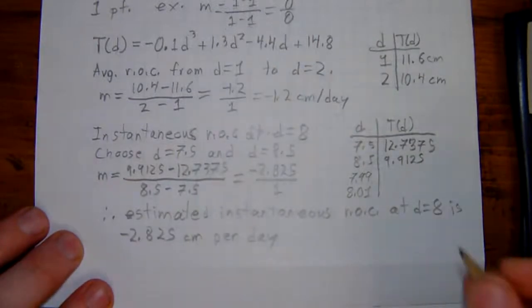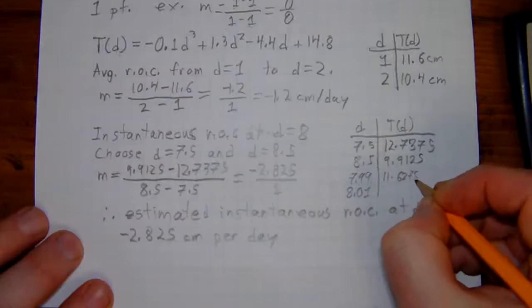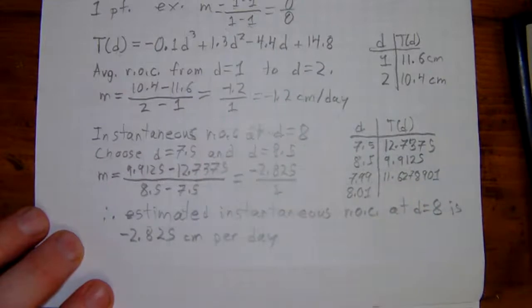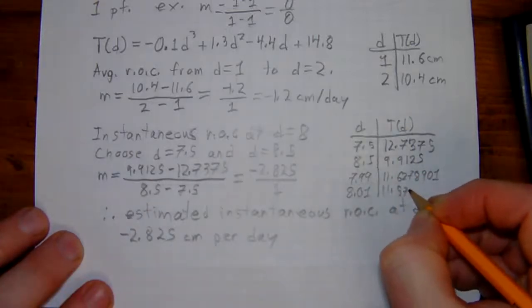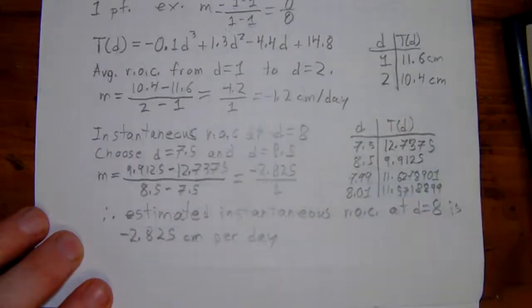So f of 7.99 is going to be 11.6278901. And notice I'm keeping every decimal place of accuracy that I have. And 8.01, we get 11.571889.